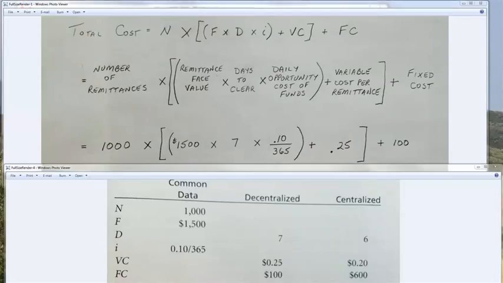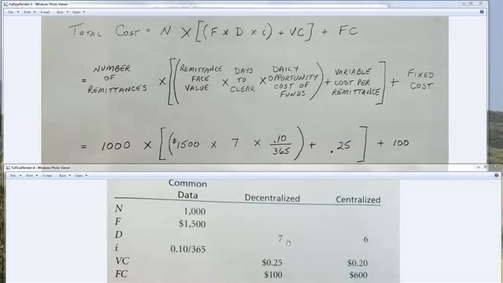And now I'm going to substitute some data into this formula using the data on page 325, which I'm showing on the lower portion of the screen now. And we're going to calculate the cost of a decentralized system. So what we have is 1,000 remittances that goes here on the left, and we have a remittance face value of $1,500, and we'll slide that into the remittance face value slot.